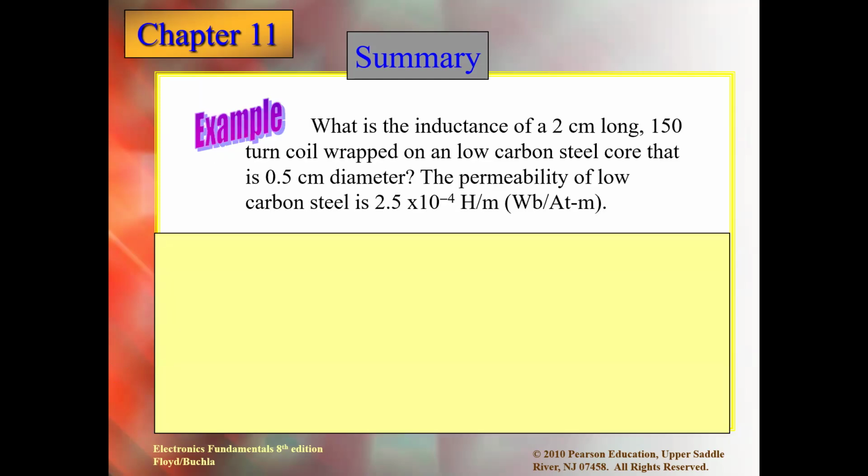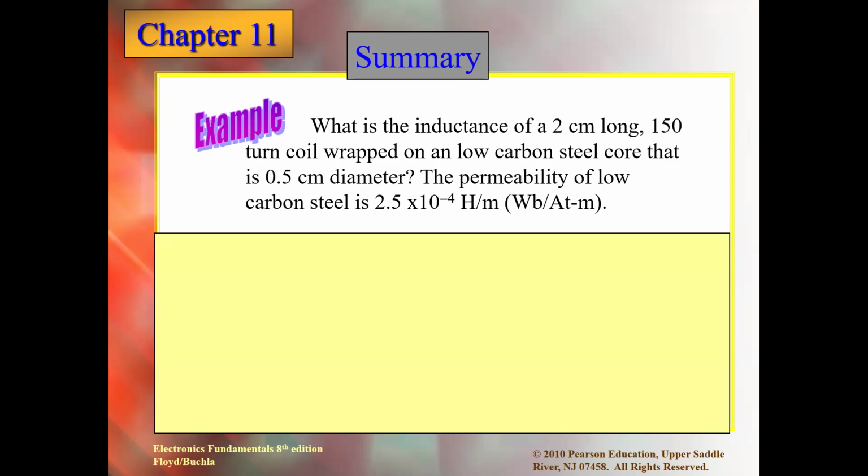Just to apply this formula, we have this example. I believe you have already studied all these things in the physics course, but this is just a review. What is the inductance of a 2 centimeter long, 150 turn wrap on a low carbon steel core that is 0.5 centimeter in diameter? The permeability of low carbon steel is 2.5 times 10 to the power minus 4 henry per meter, or weber per ampere-turn per meter.